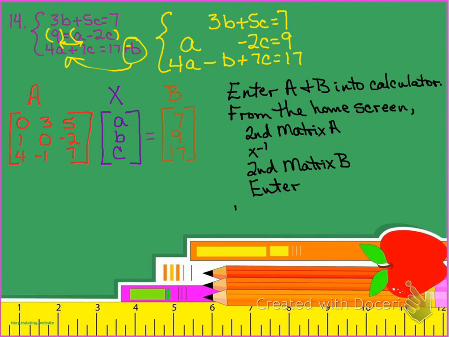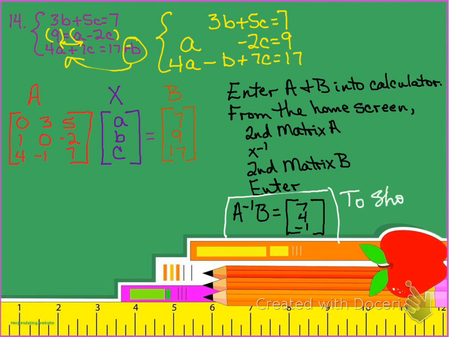So to show your work, A inverse B is equal to 7, 4, -1. Write that out. That is how you will show me your work from the calculator.